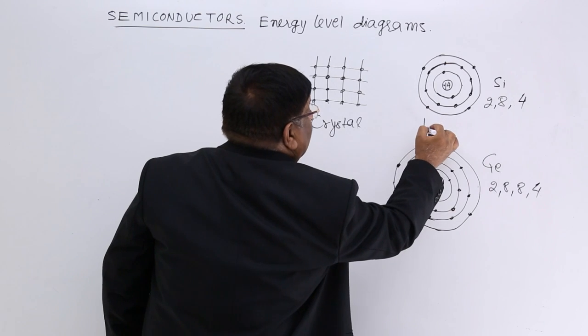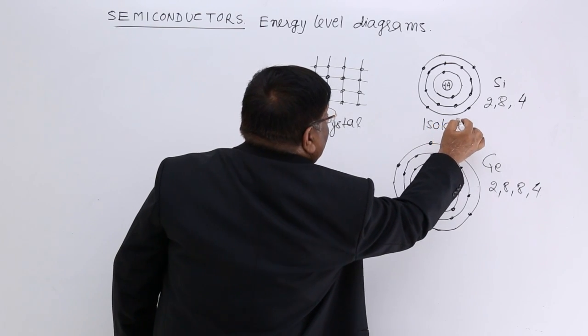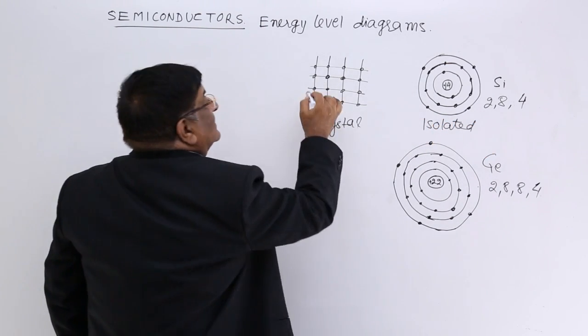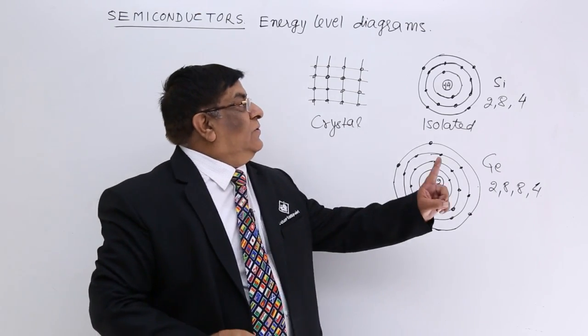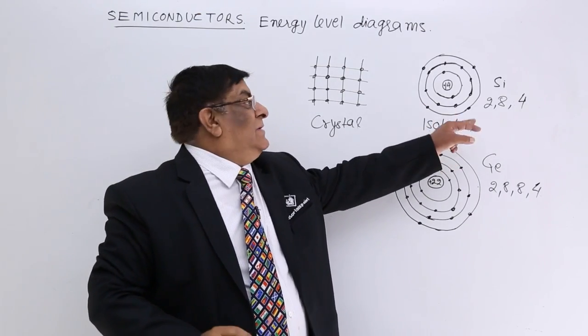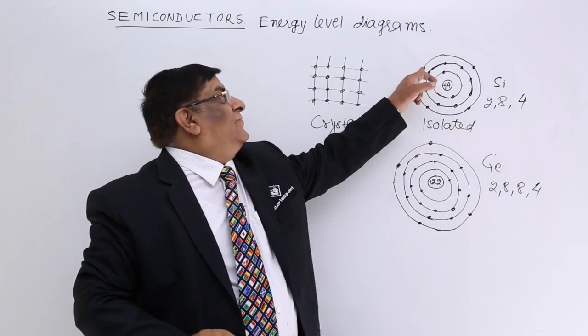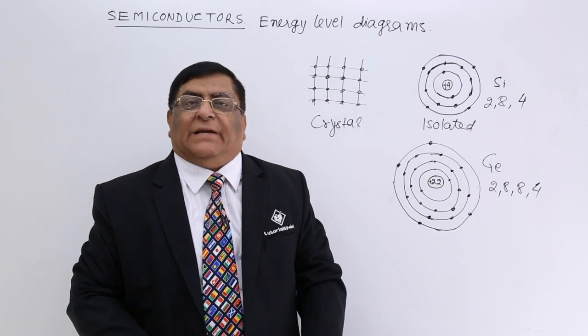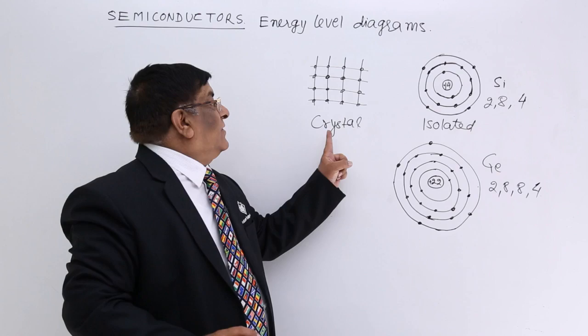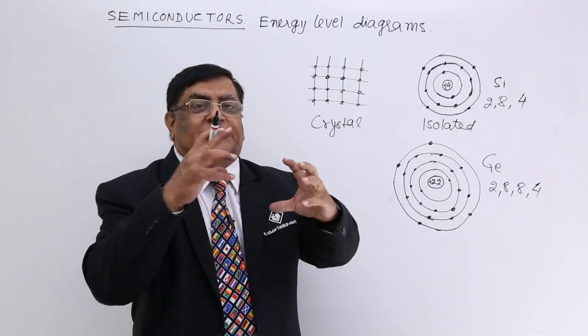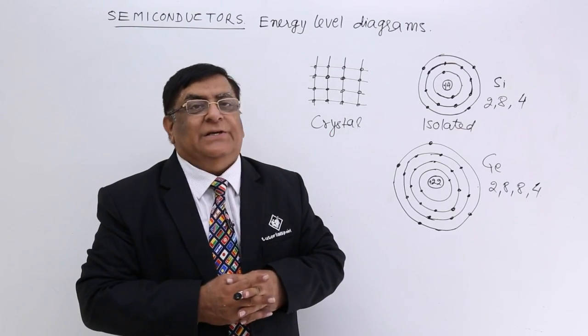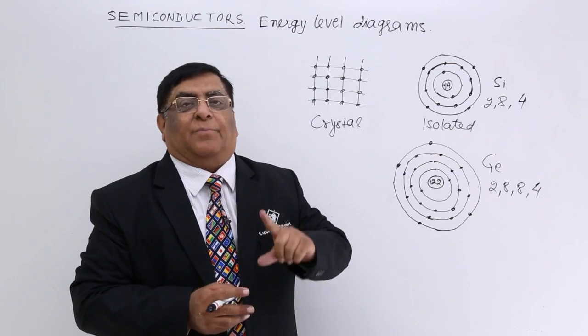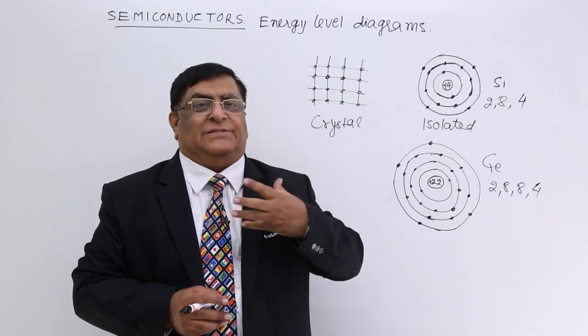This is an isolated atom and this is crystal form. So in the isolated atom, the energy of all these 4 electrons is almost same. But in crystal form, there is a redistribution of their energies due to various forces applied by the other atom charges.